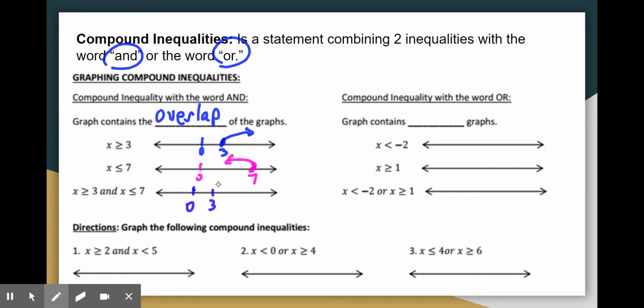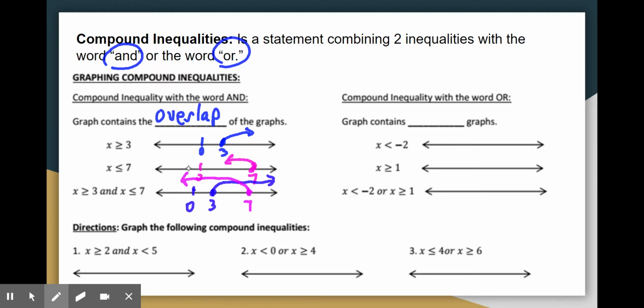Here's 3 on my number line. That would be a closed circle, and we're going to graph to the right. Now let's also look at x is less than or equal to 7. So we would put 7 on our number line. It comes after 3, right? So we put a closed circle on the 7, and we graph to the left.